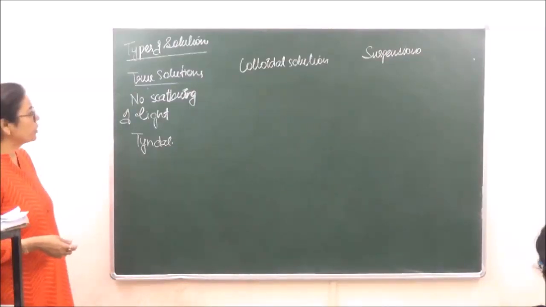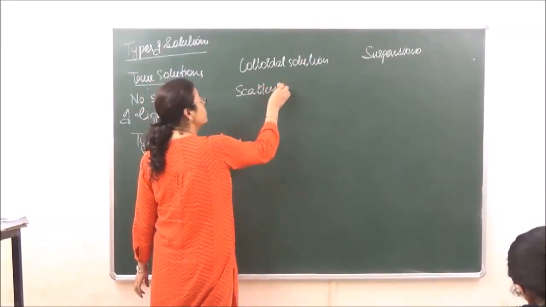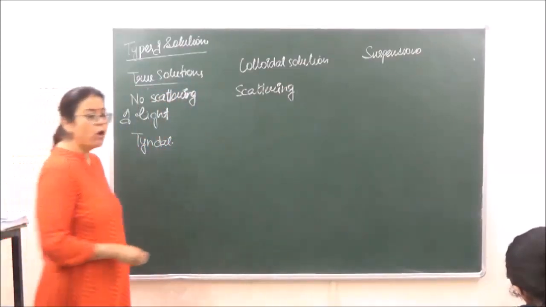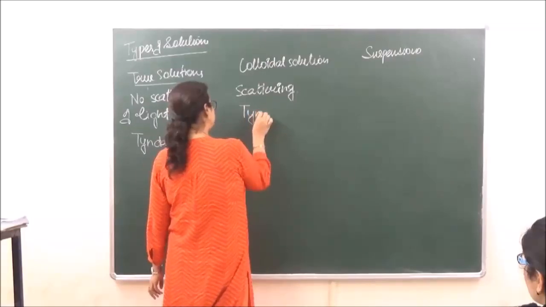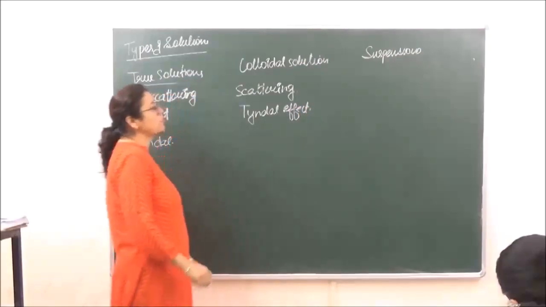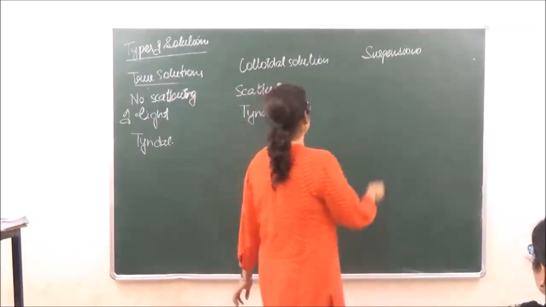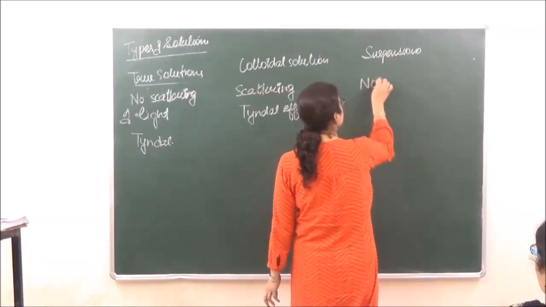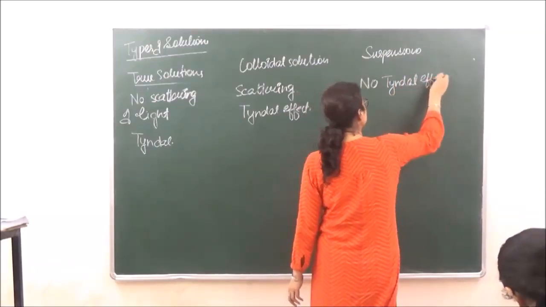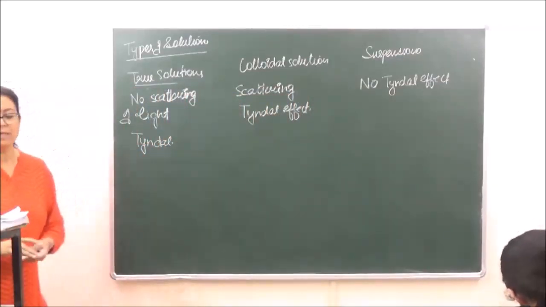Similarly, when we are talking of colloidal solutions, because the particle size is in between, scattering of light is possible. So colloidal solutions show Tyndall effect. Whereas in case of suspensions, again the particle size is very large, so they do not show Tyndall effect, right?